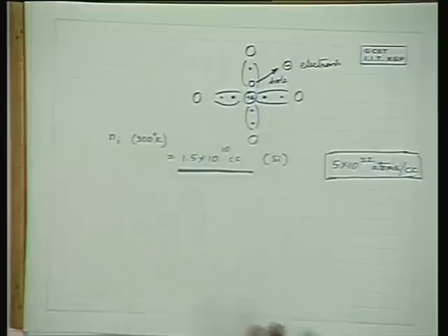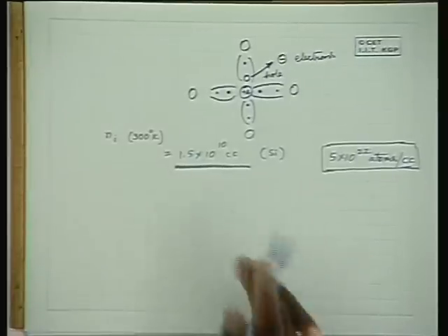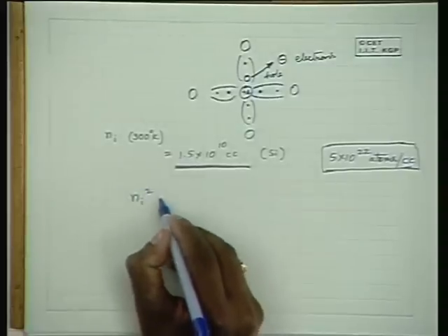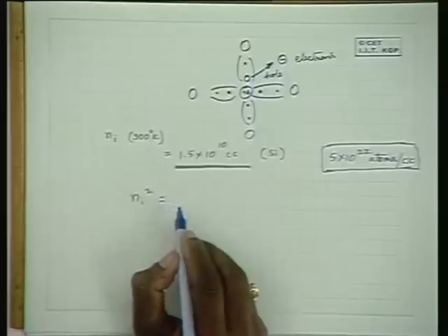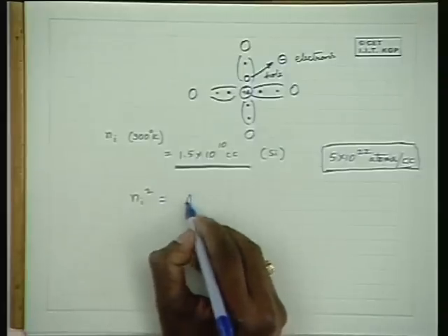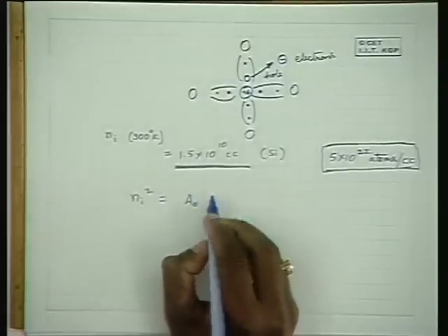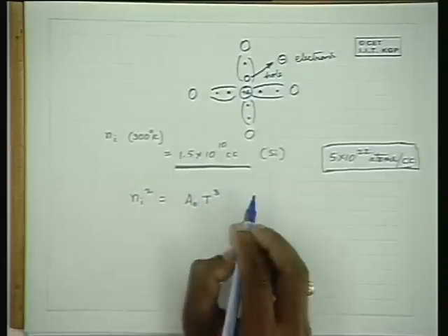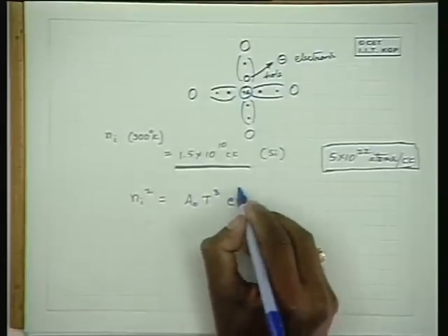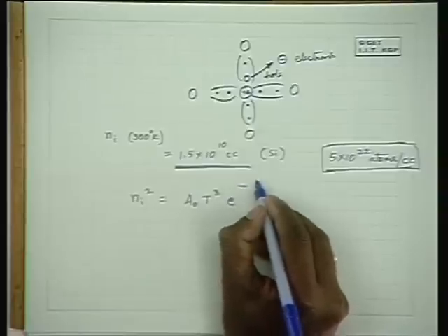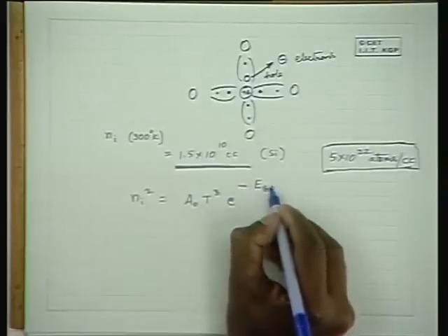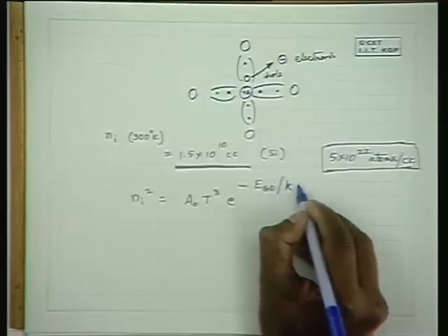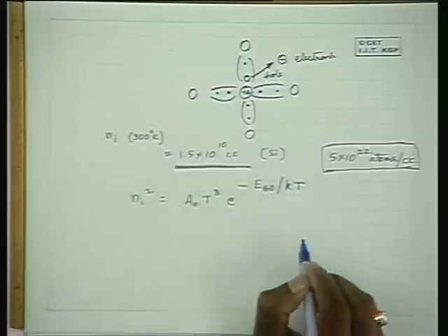Now it is interesting to see how it depends on temperature. The dependence on temperature is given by this equation. It can be mathematically analyzed and shown. It is equivalent to some constant A0 times the absolute temperature cubed times e to the power of minus Eg0 by k times T, where k is Boltzmann's constant and T is the absolute temperature.